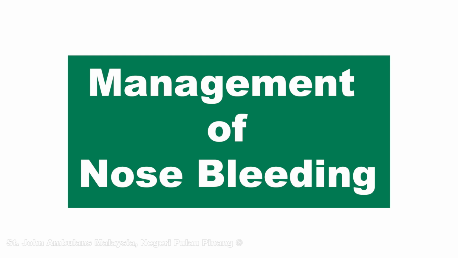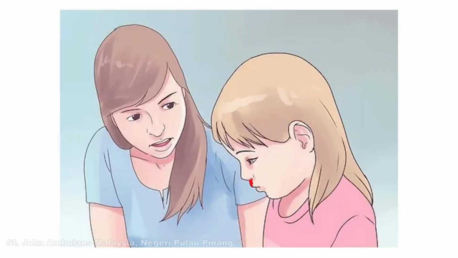For management of nose bleeding, the aim is to maintain an open airway and control bleeding. First, tell the casualty to sit down and slightly tilt his head forward to allow the blood to drain from the nose.